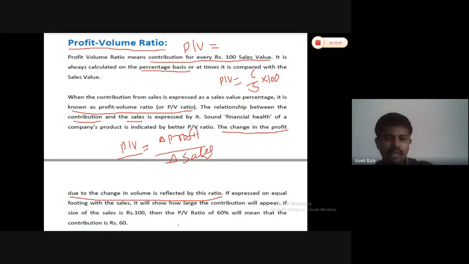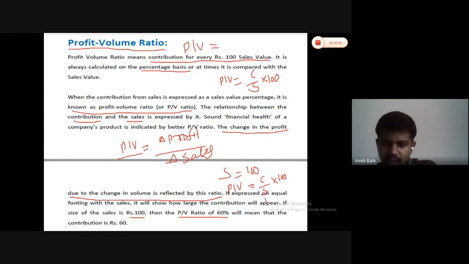Here you can see one example being given. If the size of the sales is 100, then a profit volume ratio of 60% means that the contribution is 60. How is contribution 60? Because if sales is 100, what is the formula for PV ratio? PV ratio is equal to contribution upon sales into 100.